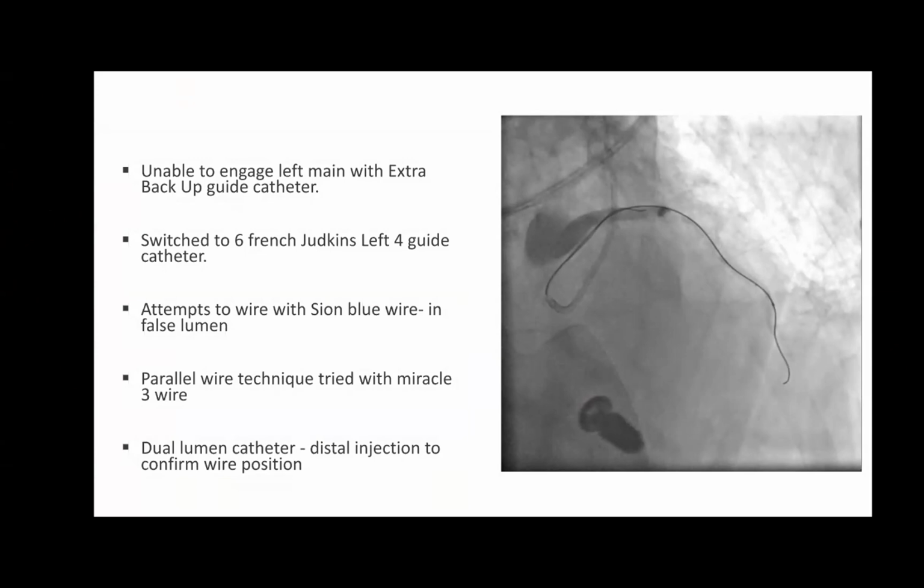We didn't succeed with the Miracle wire to cross back after bursting the balloon and disrupting the dissection. It was the normal cyan blue wire, or workhorse wire, that got through. It wasn't the Miracle wire.